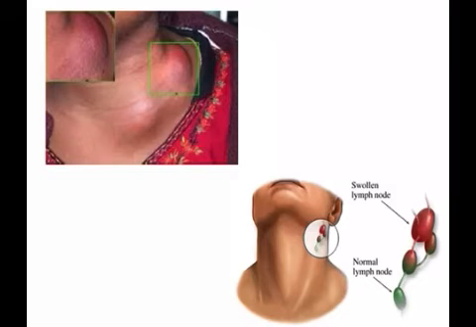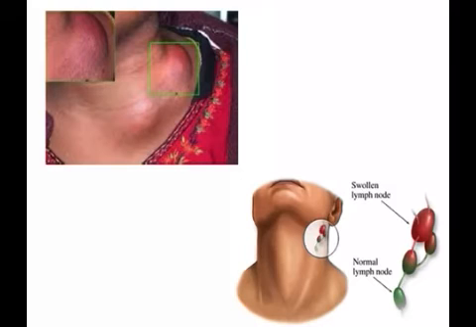So the reason behind lymphangitis or lymphadenitis, right, is nothing but they are giving you a message that the lymphatic nodes are inflamed because of migration of a specific pathogen into the lymph nodes, right?